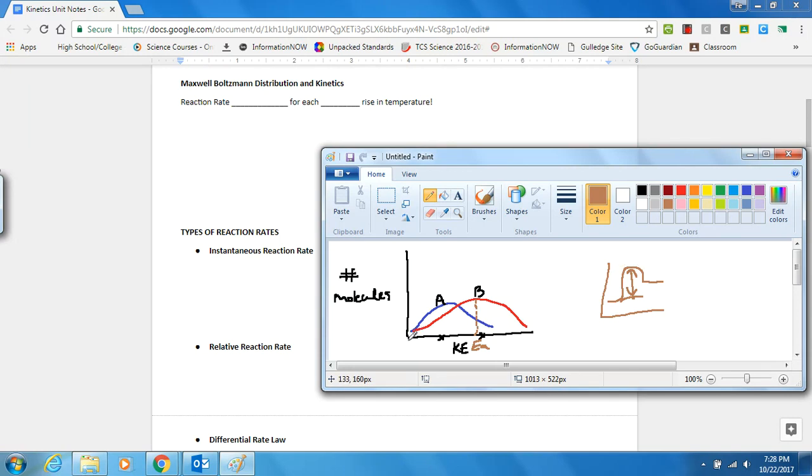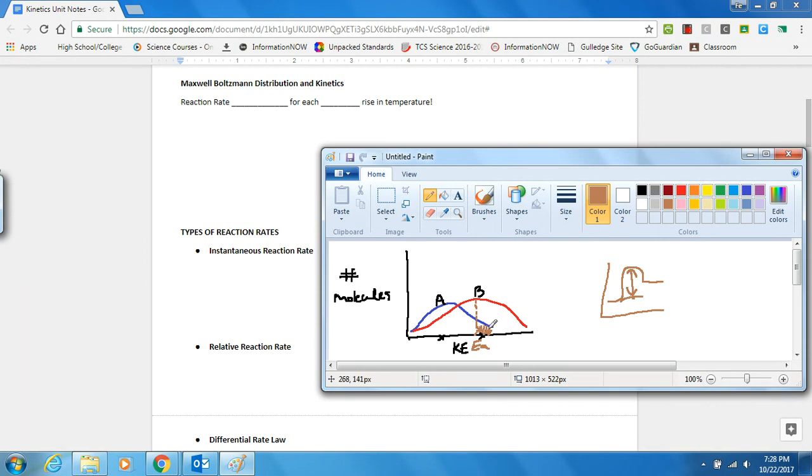This is the amount of energy that must be put in to overcome the activation energy. Now, if we look at A, the molecules to the right of this activation energy have sufficient energy to overcome it. So the molecules to the right of this line could have an effective collision.